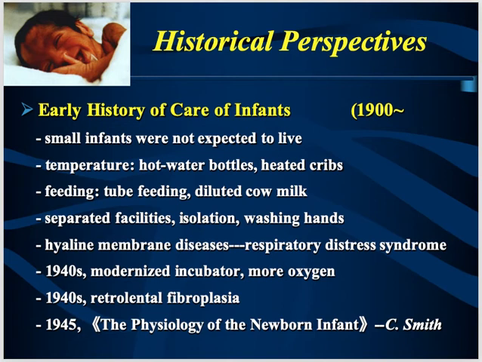Before or in the 1900s, small infants were not expected to live because not much medical care was available. After that, feeding was done with tube feedings, and many of the babies died because of hyaline membrane disease.